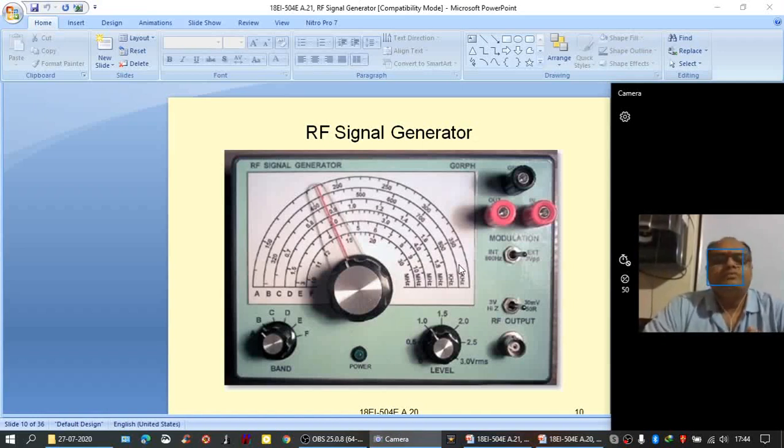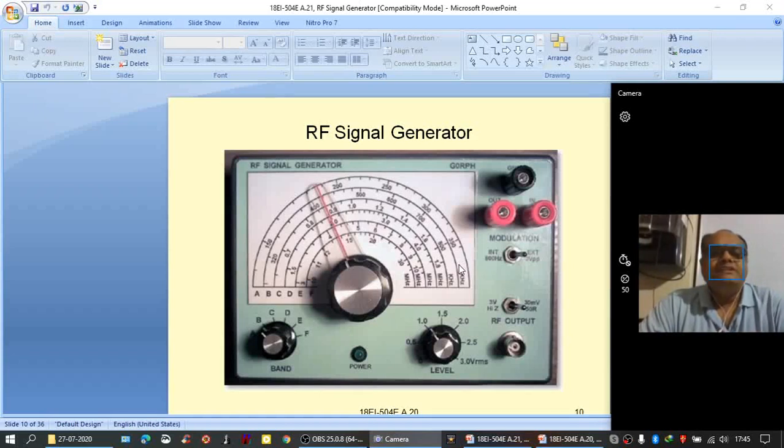In communication applications, any audio signal as it is, within the range of 20 Hz to 20 kilohertz, when transmitted through a cable over a long distance or through air over a long distance, has the possibility of the signal getting attenuated.